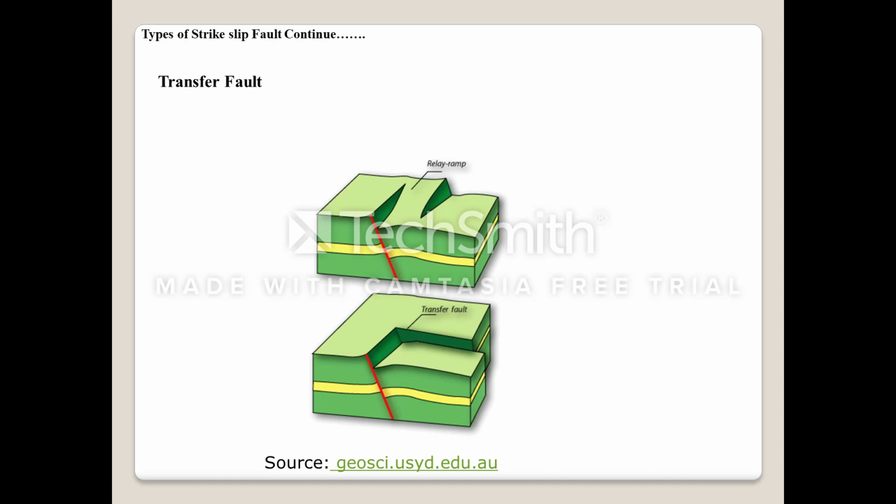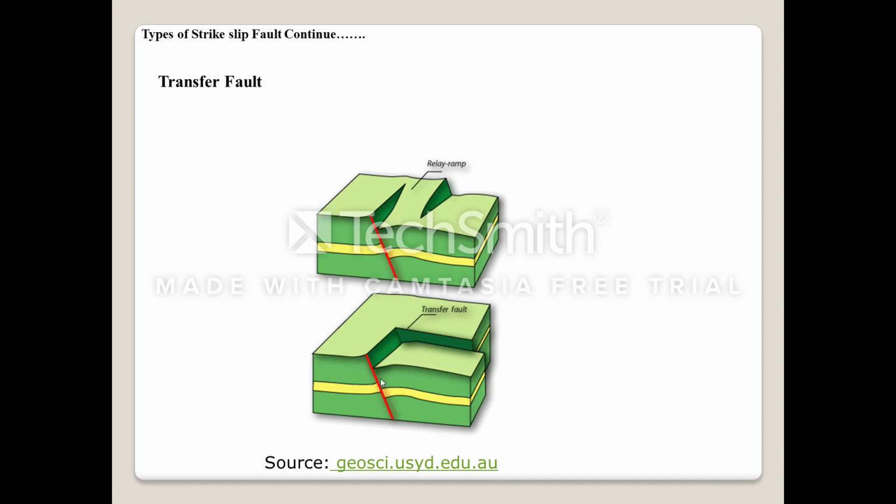They are parallel to the regional displacement direction and mark domains of different normal faults in geometry and displacement. They also generate imbrications, and due to this tilting they form a ramp, which is known as a relay ramp. So the transfer fault is basically a structure associated with the regional normal fault.